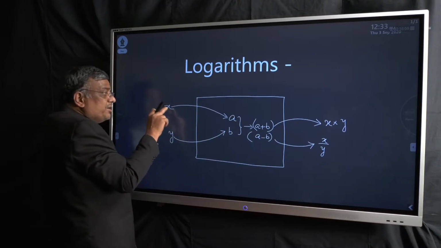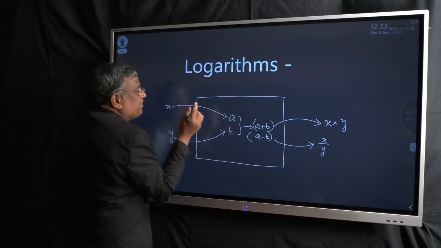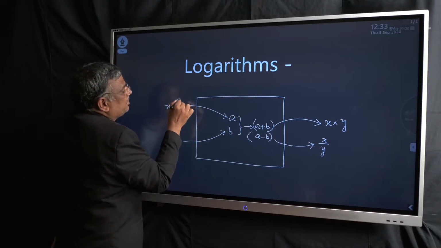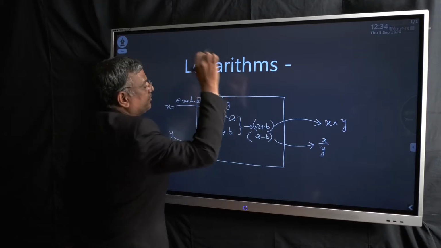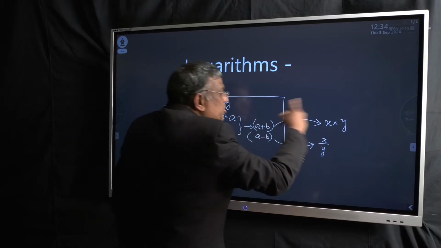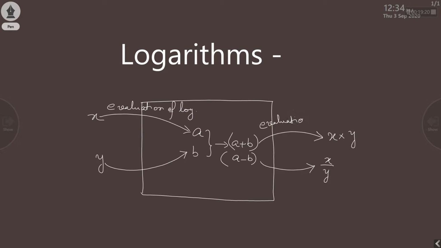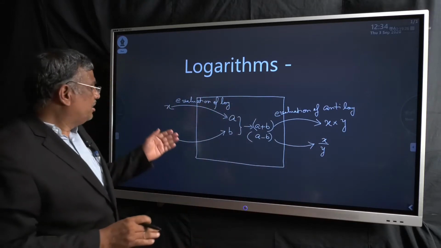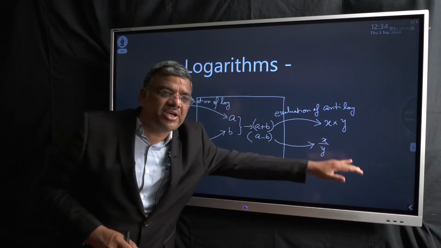The way the number is transformed going inside the box is called evaluation of logarithm. And when you are coming outside the box, this is called evaluation of anti-logarithm.